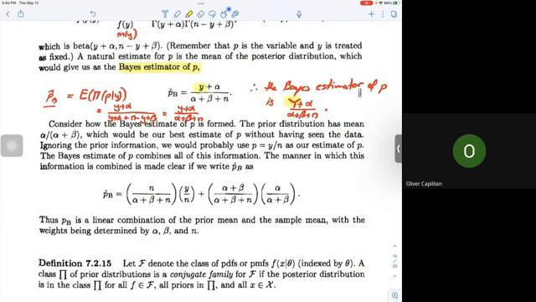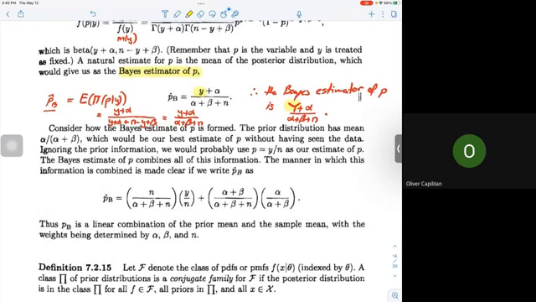Just want to emphasize here that our base estimate of our parameter P could be written as a linear combination of the prior mean. So in this case, saan dito yung prior mean natin? This is the prior mean because the prior distribution has a beta distribution. Tapos yung mean ng ating beta distribution having the parameters alpha, beta, we have here alpha over alpha plus beta.